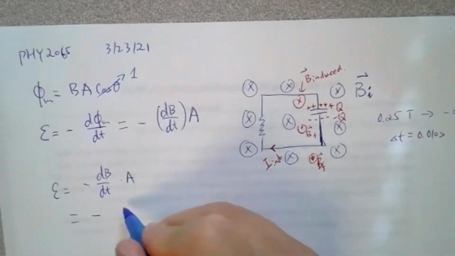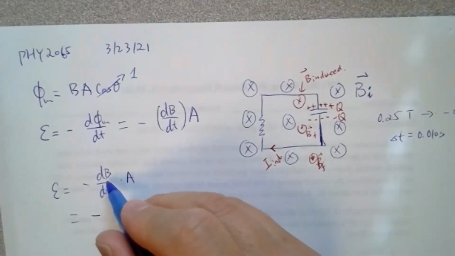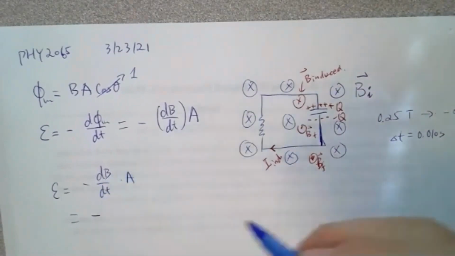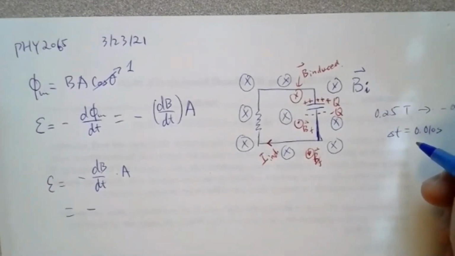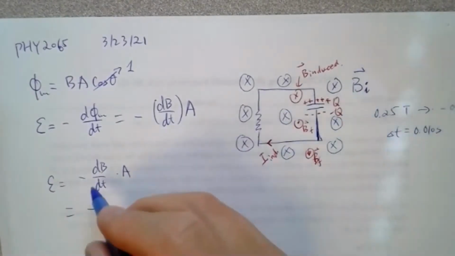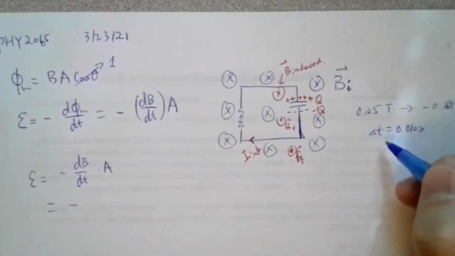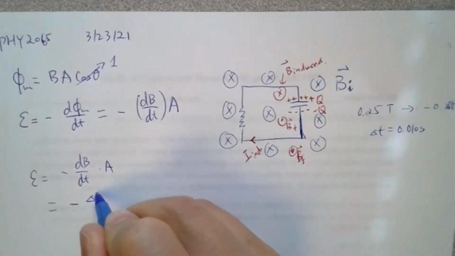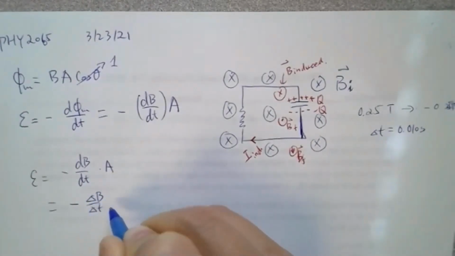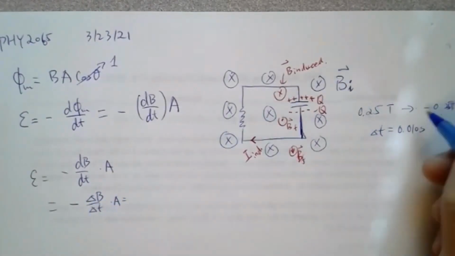dB is changing at a constant rate. They give us the initial and final values and the change in time, so you can do delta B over delta t times A, which means final minus initial.